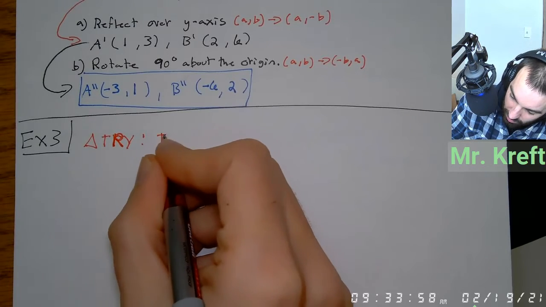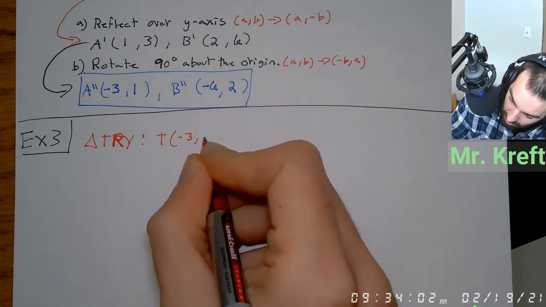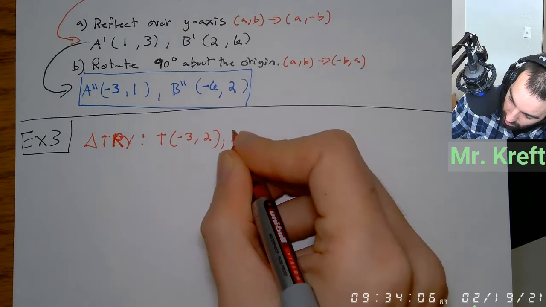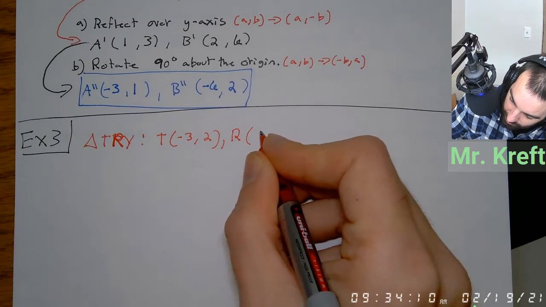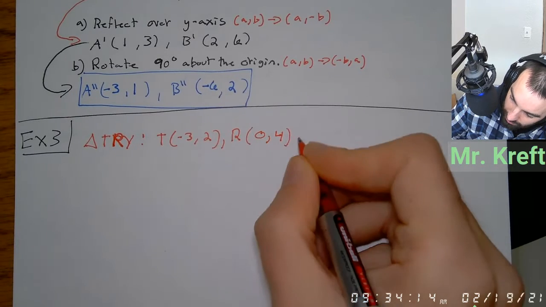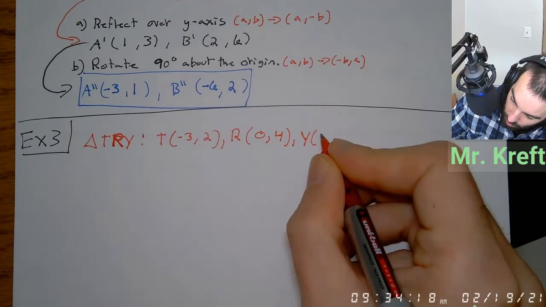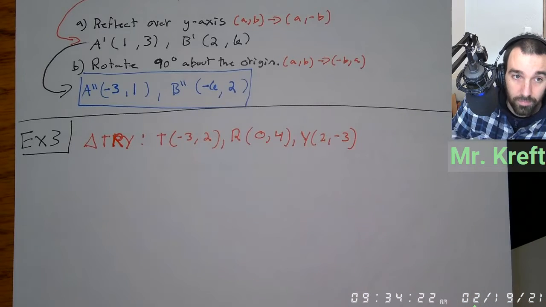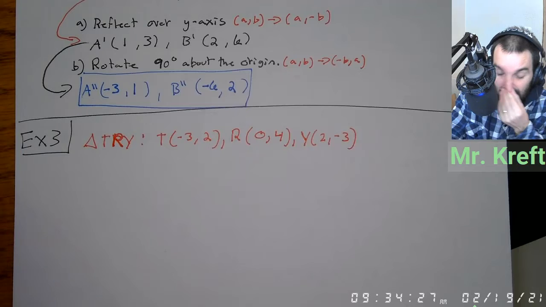So triangle TRY, where T, I'm just going to make up random numbers, is -3, 2, and then R is going to be 0, 4, and then Y is going to be 2, -3. Okay, so get those down.